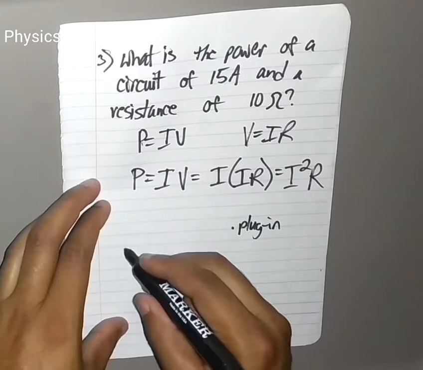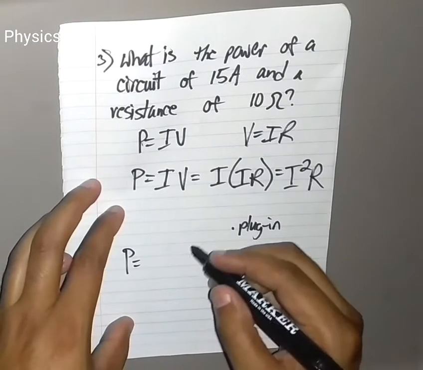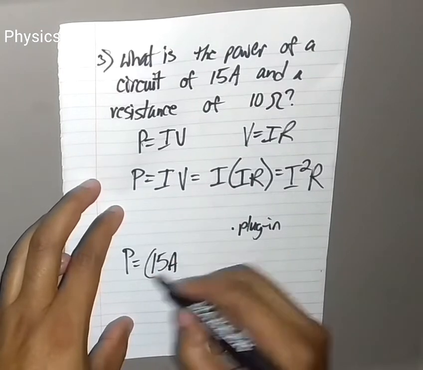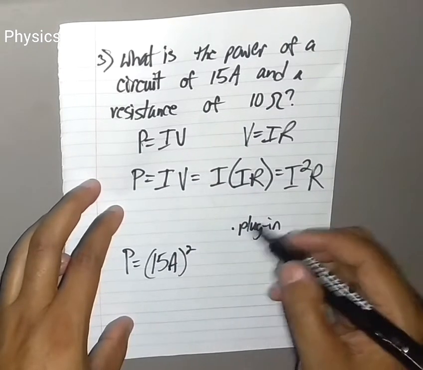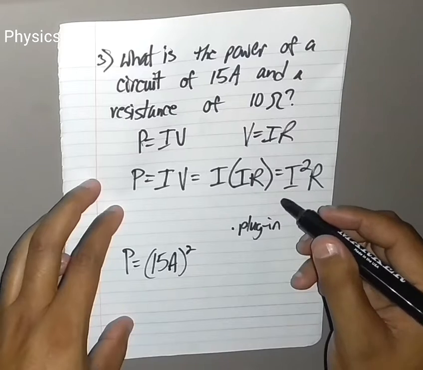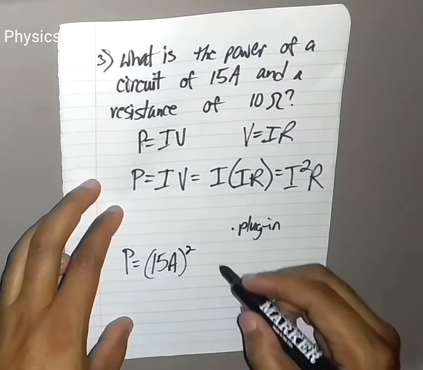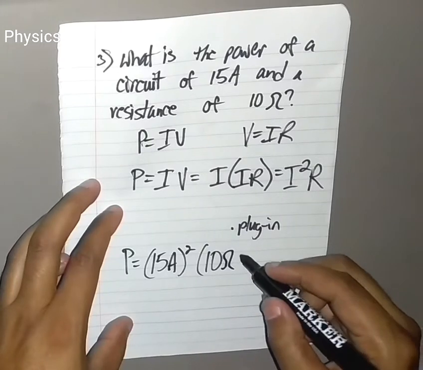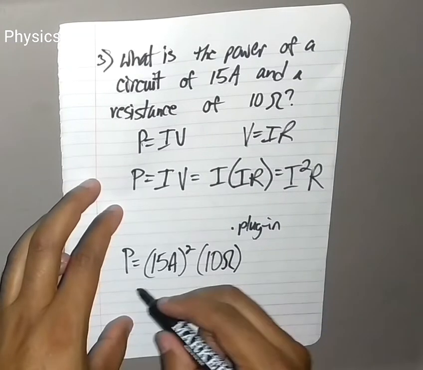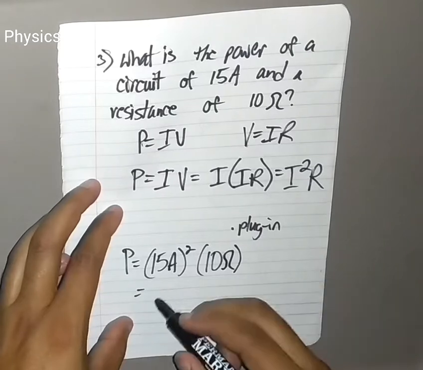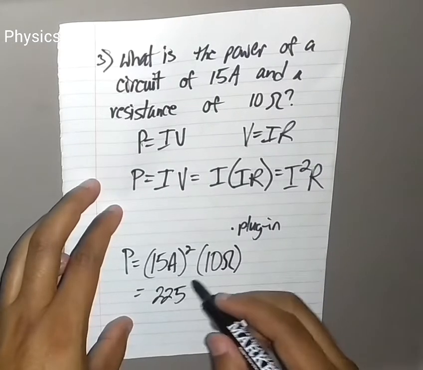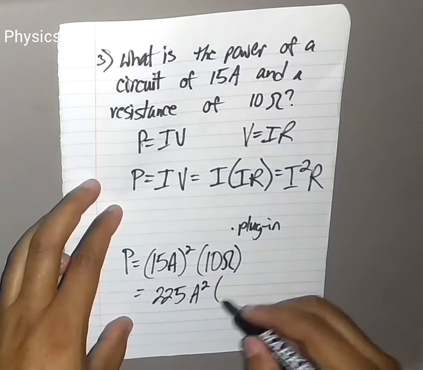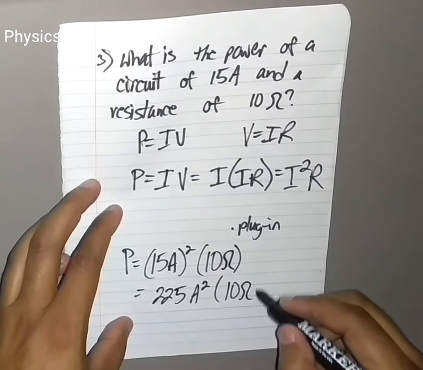So we have P equals our 15 amps squared, because that is our current, multiplied by our 10 ohms, which equals 225 amps squared multiplied by the 10 ohms.